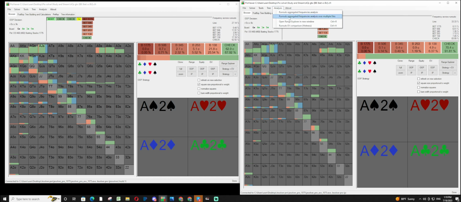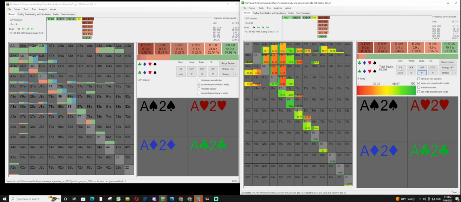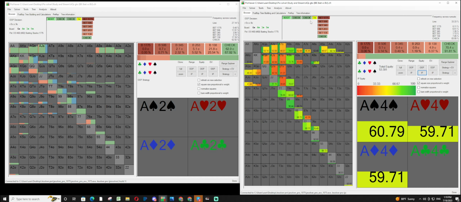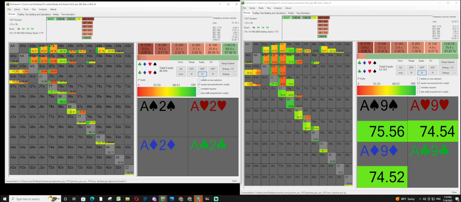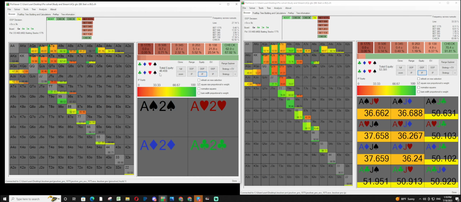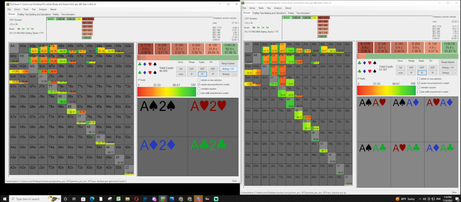So let's take a look at the runouts, or maybe first let's take a look at the EVs. Let's take a look at the in-position equity. This is the equity of the in-position player on this specific runout. It's 53 in the exploitive solution and 48 in the GTO, much stronger than the GTO.